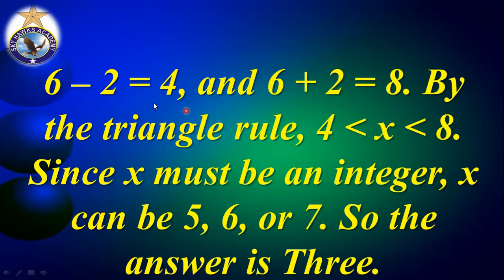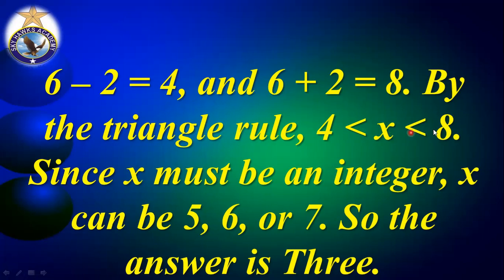The difference is always less than the length of the third side, and the sum is always greater than the length of the third side. So by the triangle rule, this is called the triangle rule, x must lie between 4 and 8.